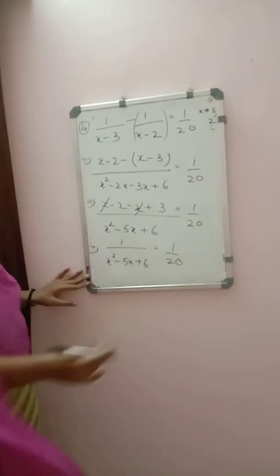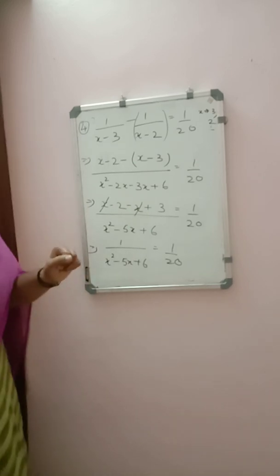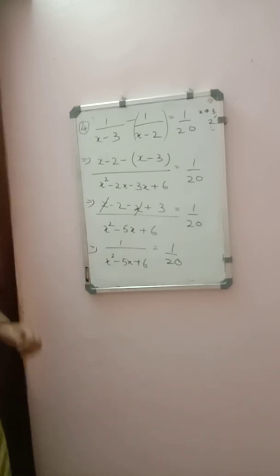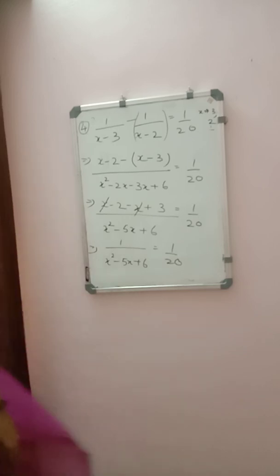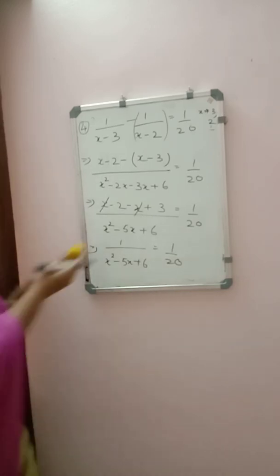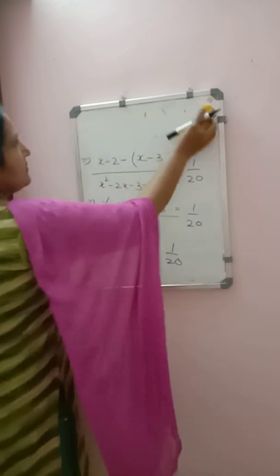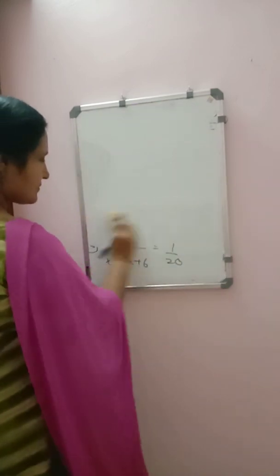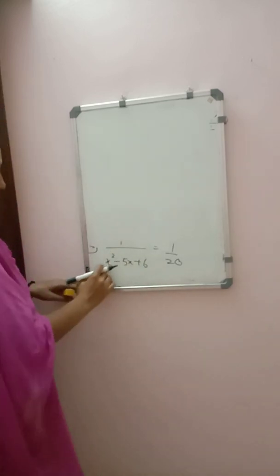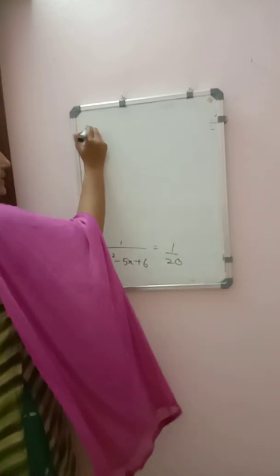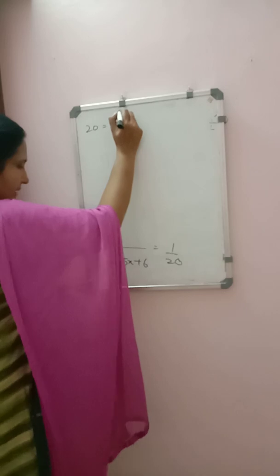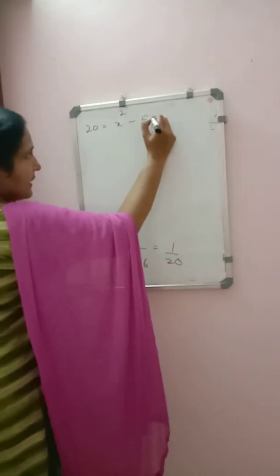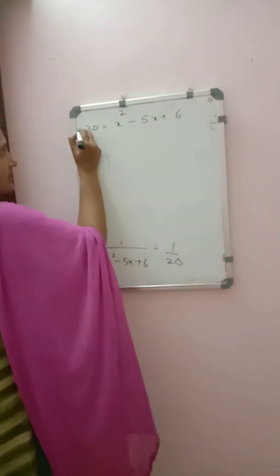Again using the transposition rule or doing cross multiplication. So it will be equal to 20 is equal to x square minus 5x plus 6.